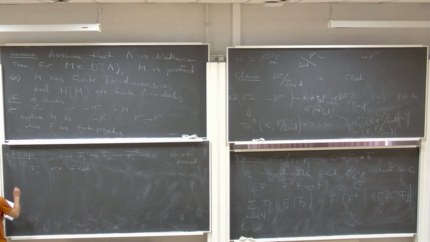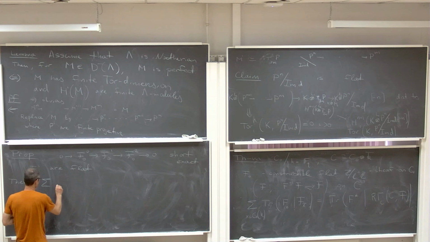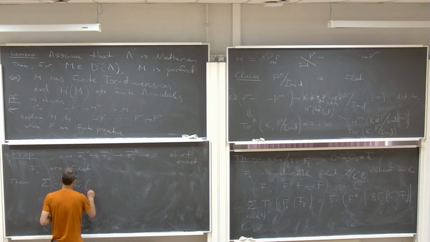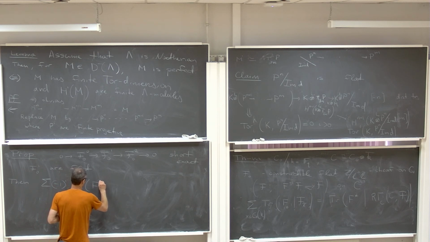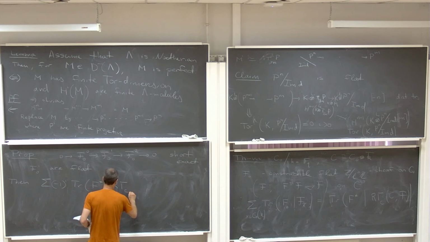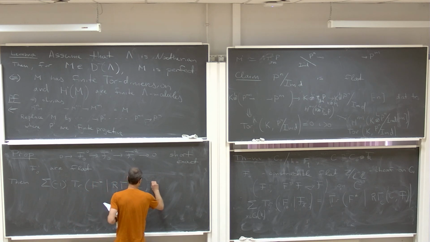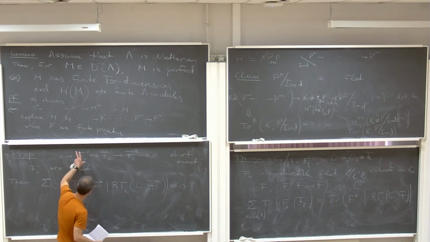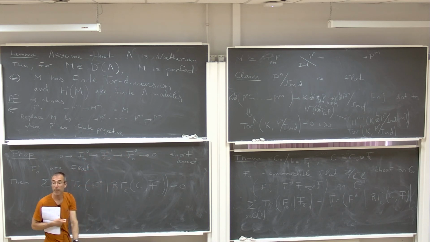Then what we want to prove is that the alternated sum of traces of the Frobenius acting on R gamma of C, F_i is 0. That is, the trace here plus the trace here is equal to the trace here. Let's try to prove this.